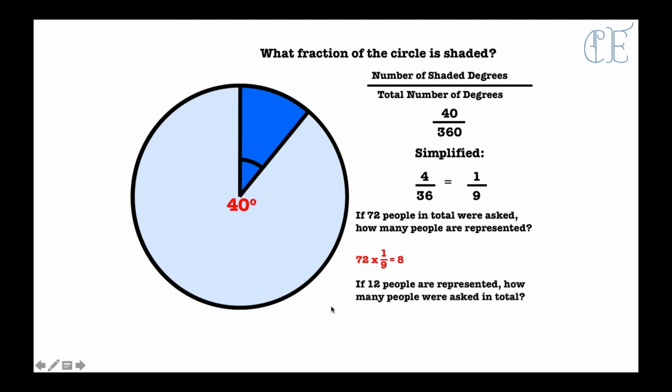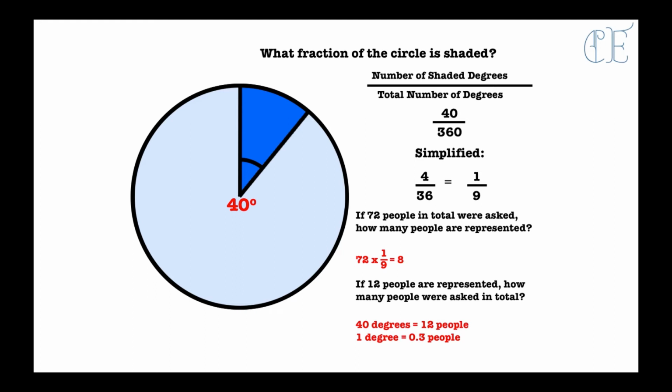If 12 people are represented, how many people were asked in total? So all that's saying now is it's changing it up and saying that 40 degrees represents 12 people. So all you need to do is work out what it is for 1 degree. So you just divide by 40. So 40 divided by 40 gives me 1 degree, and 12 divided by 40 gives me 0.3. I know you can't have 0.3 people, but once you actually get to your answer, you will have a proper answer.